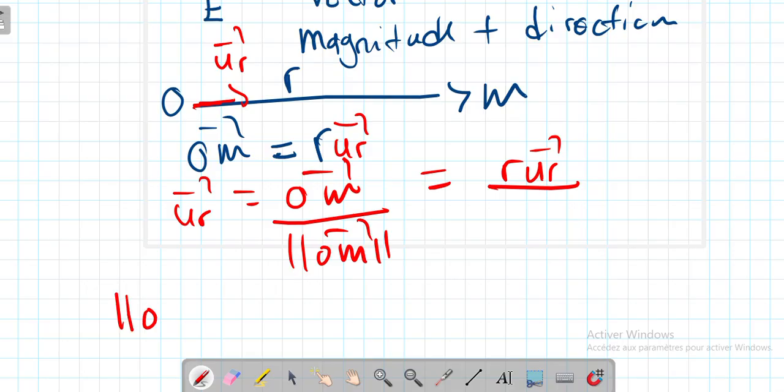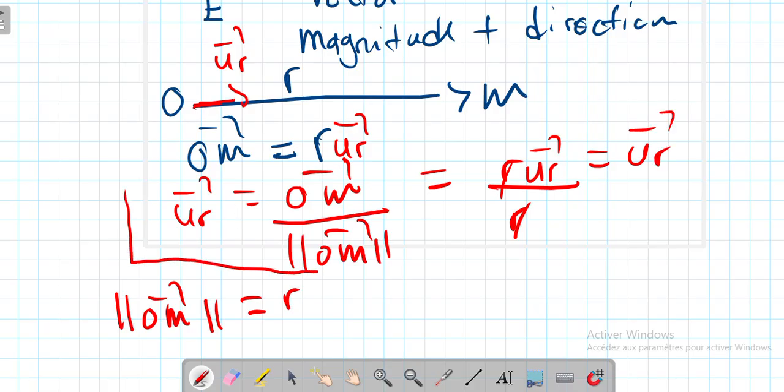For the people who didn't join us or never watched the video, this is how we present the magnitude of a vector. So this mathematical tool will extract the magnitude of OM, which is R. So when you cancel, we're going to have the unit vector UR. This is why this formula is true for the unit vector. So the unit vector is always: you get that vector, you divide by its magnitude. That's what you need to know.